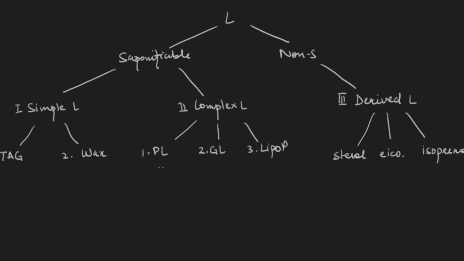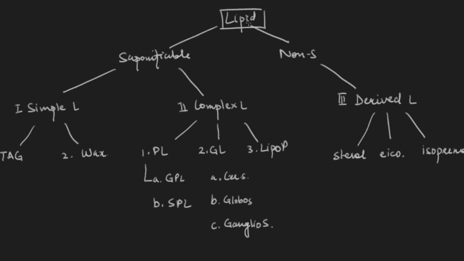Under phospholipids, we further studied two different types: glycerophospholipid and sphingophospholipid. Under glycolipids, we studied cerebroside, globoside, and ganglioside.